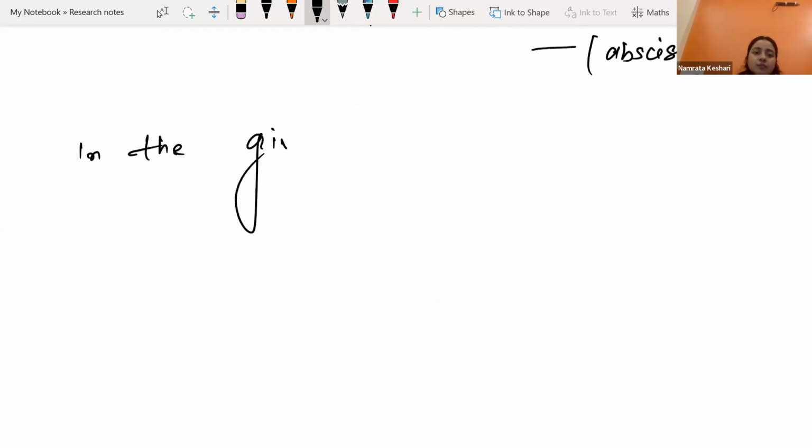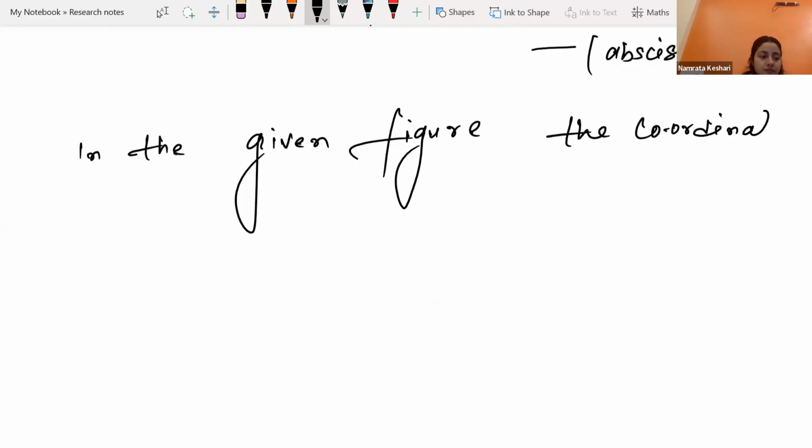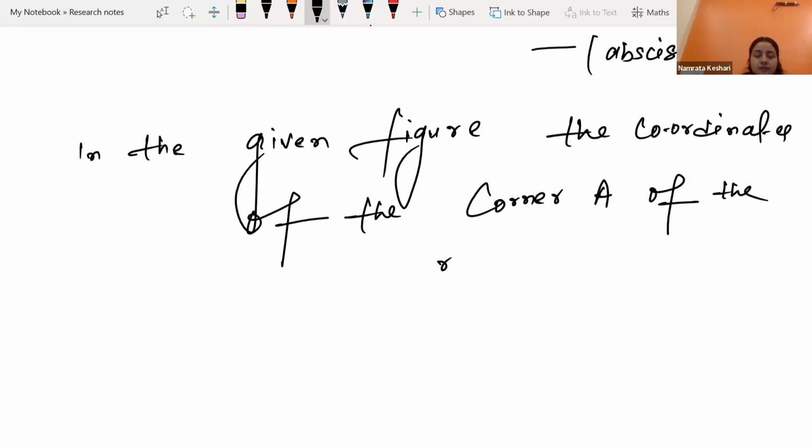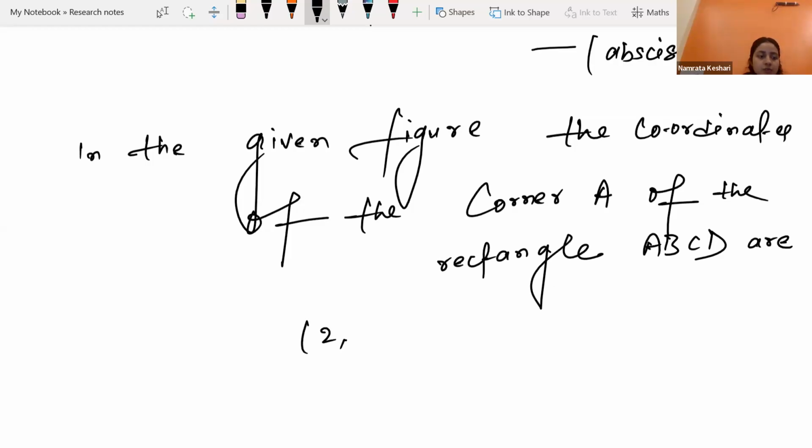In the given figure, the coordinates of the corner A of the rectangle ABCD are (2, 2).